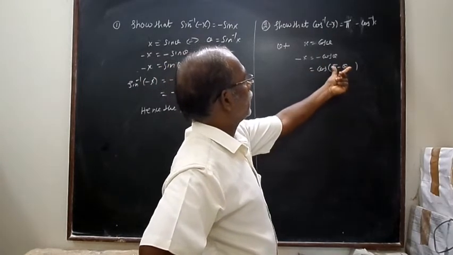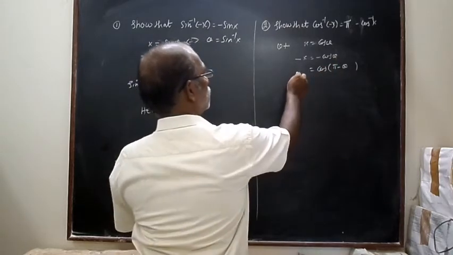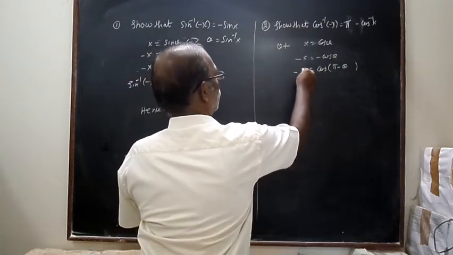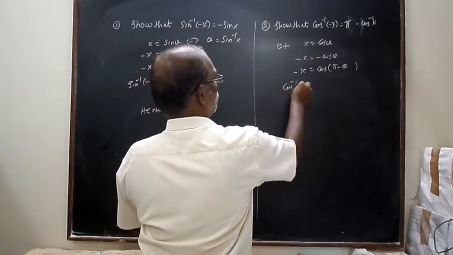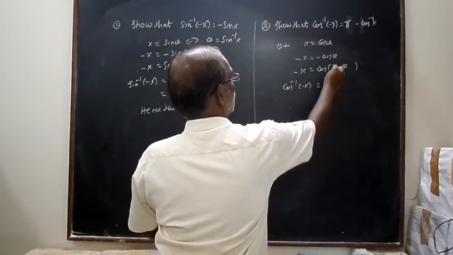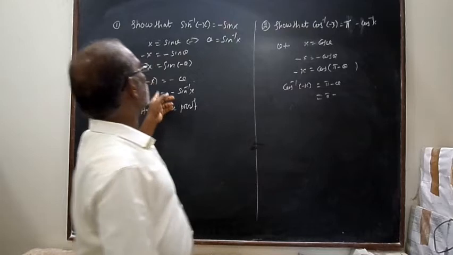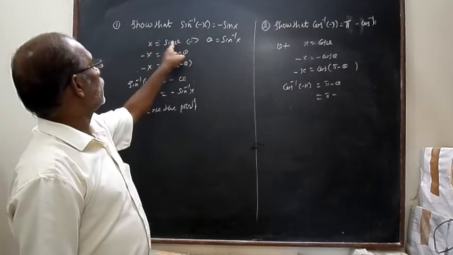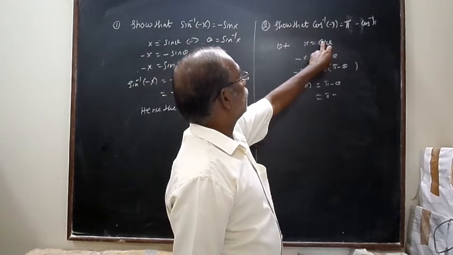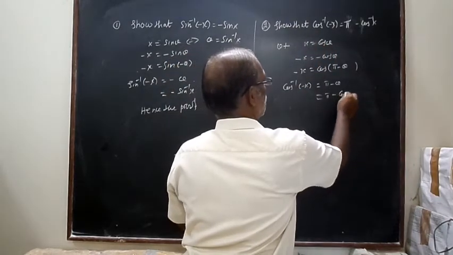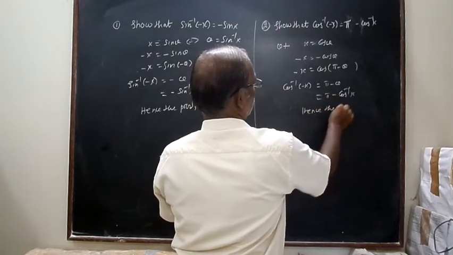Yes, pi minus theta belongs to the second quadrant whenever theta is an acute angle. So minus x equals cos of pi minus theta. If we introduce cos inverse on the entire equation, cos inverse of negative x equals pi minus theta. Here, x equals cos theta, and then theta will be cos inverse x. So cos inverse of negative x equals pi minus cos inverse x. Hence the proof.